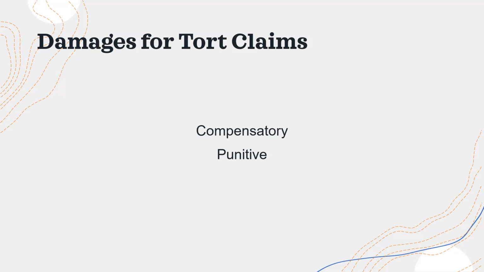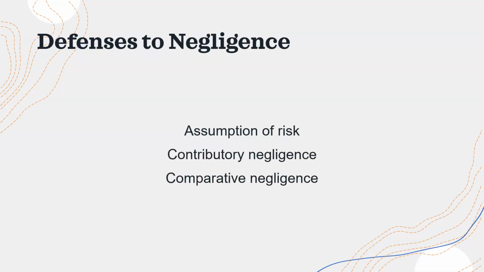So punitive damages are designed to punish and to deter, by example, that type of behavior or conduct from occurring again. Compensatory damages are designed to compensate. So note the difference, and hopefully there's no misunderstanding of these two terms.